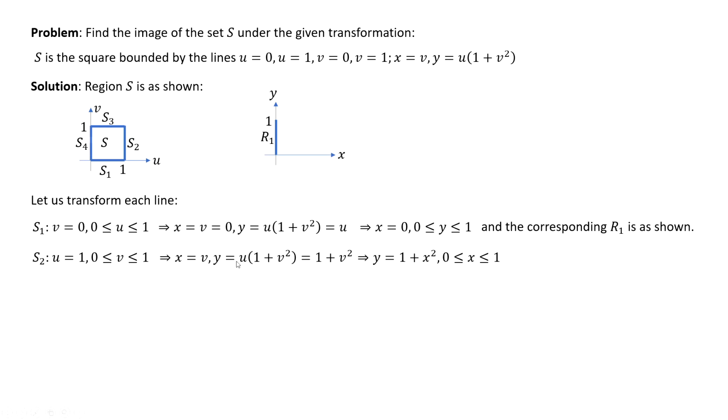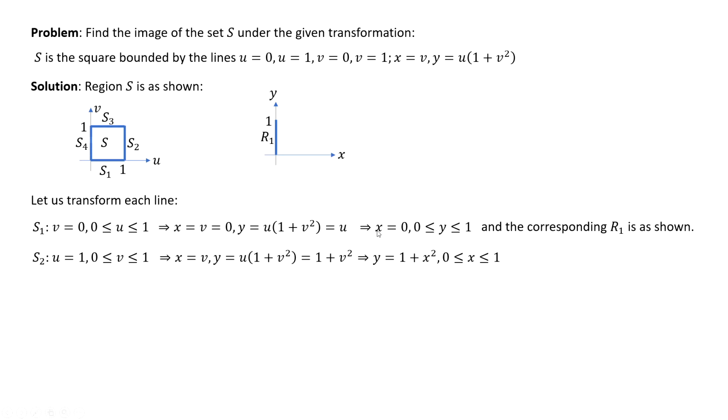What we eventually have to do is just have relationships between y and x. You should not have anything in u and v. You take these transformations, convert so that you have stuff with y and x only.